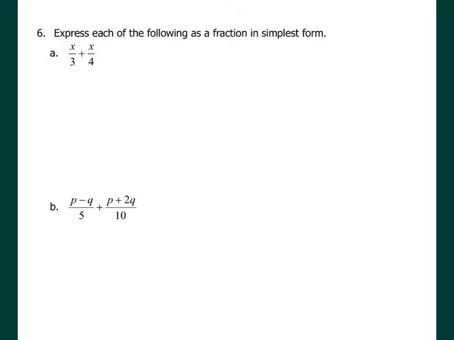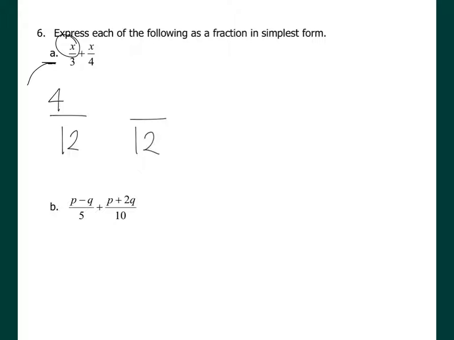So going back to the addition of fractions, what we can do is we look for the LCD. And the LCD for these fractions will be 12. Okay, so if we rewrite the fractions using 12 as a denominator, note that the numerator x will change. If 3 becomes 12, that means we have to multiply it by 4.